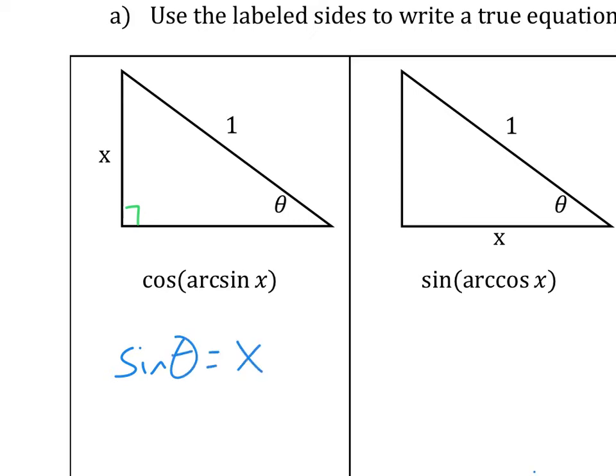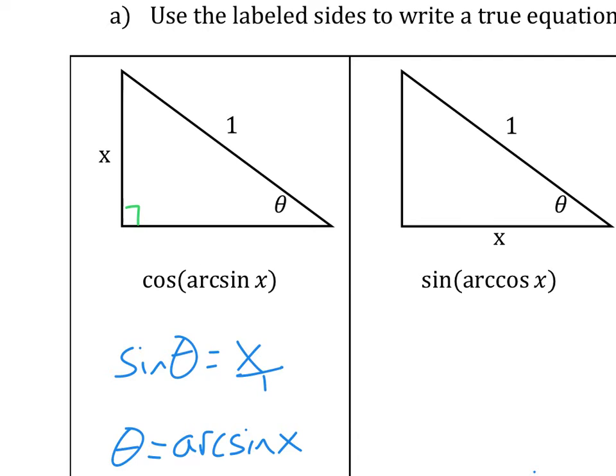Okay, so the sine of theta is x, or x over 1. Or we can say that theta is equal to the arc sine of x. So when we say we've got a triangle or an angle that has an arc sine of x, this is the triangle that results.